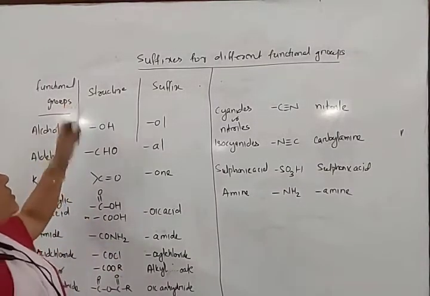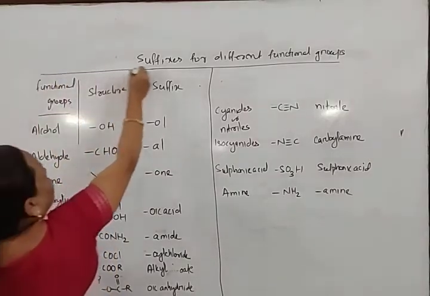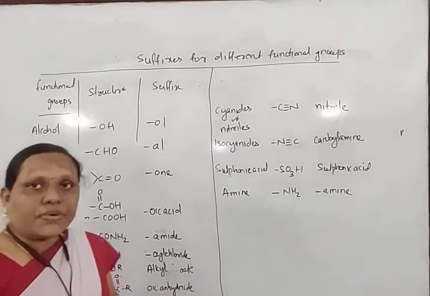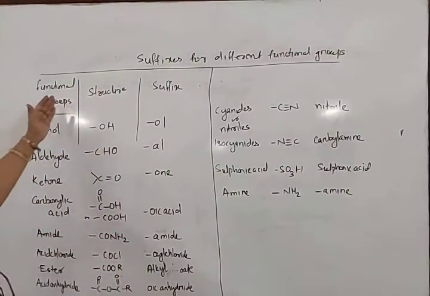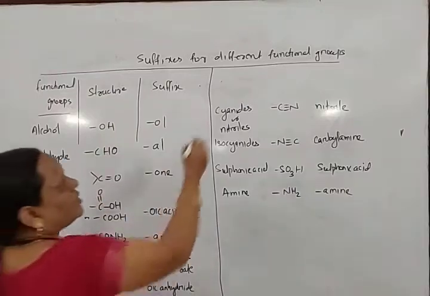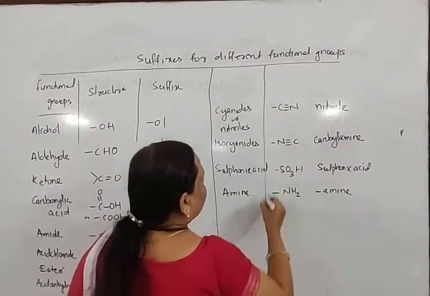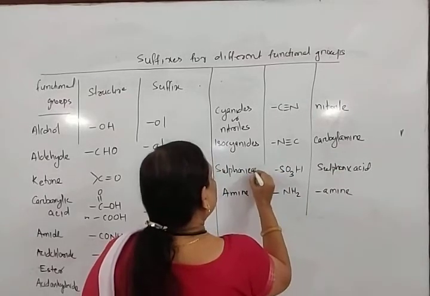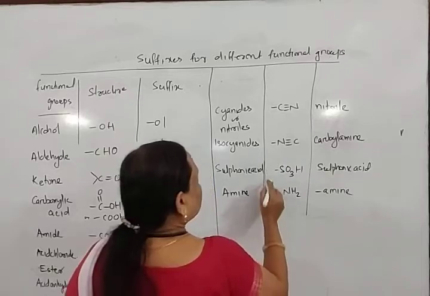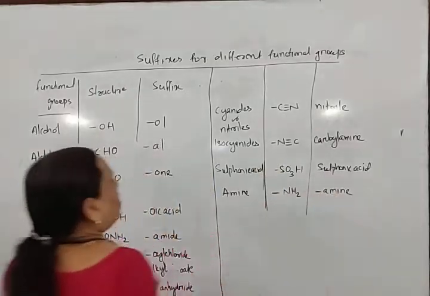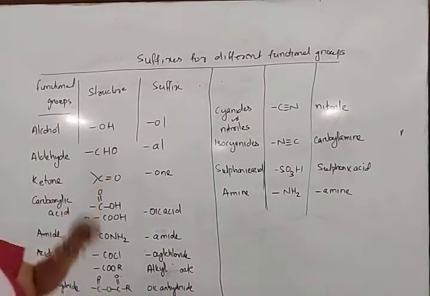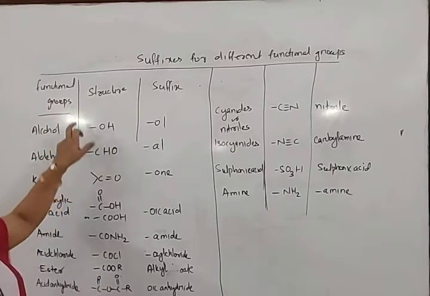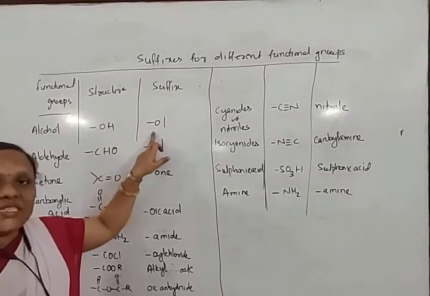Now let us look at some suffixes for different functional groups. What are the suffixes used for different functional groups? Here we have the functional group, its structure, and the suffix used for it. If it is an alcohol, the functional group structure is OH and the suffix is ol.